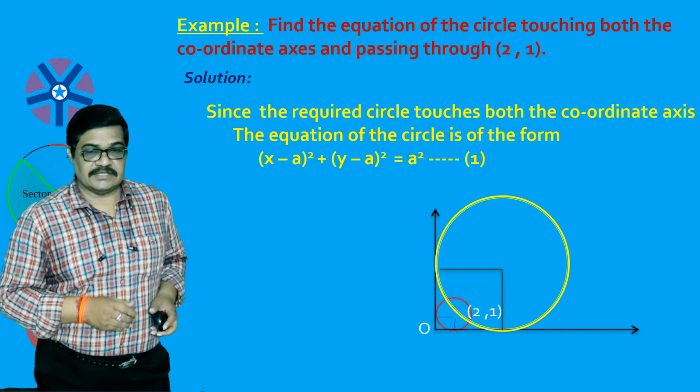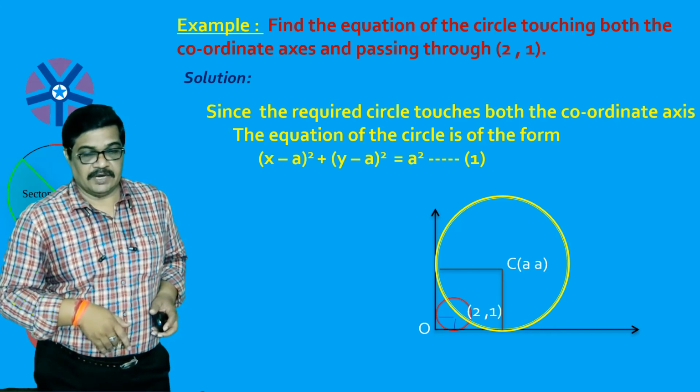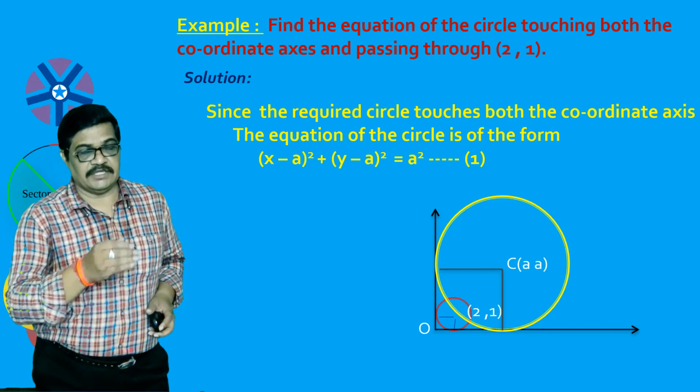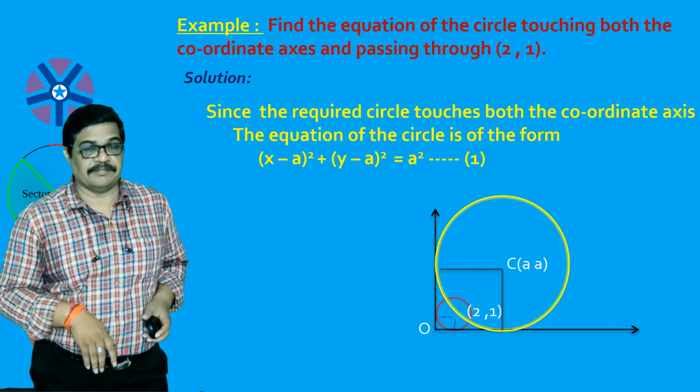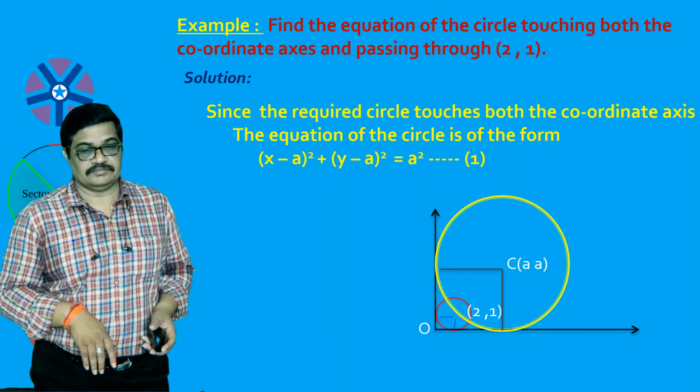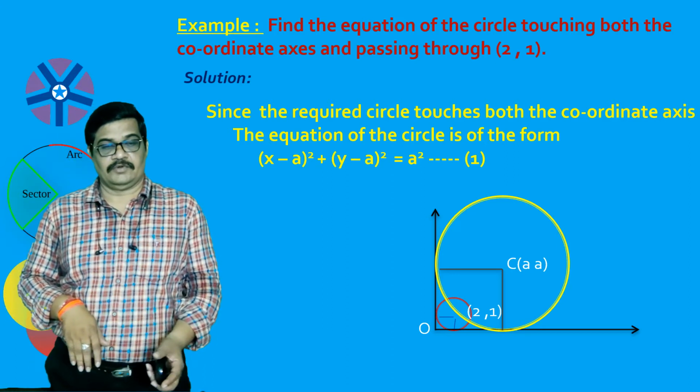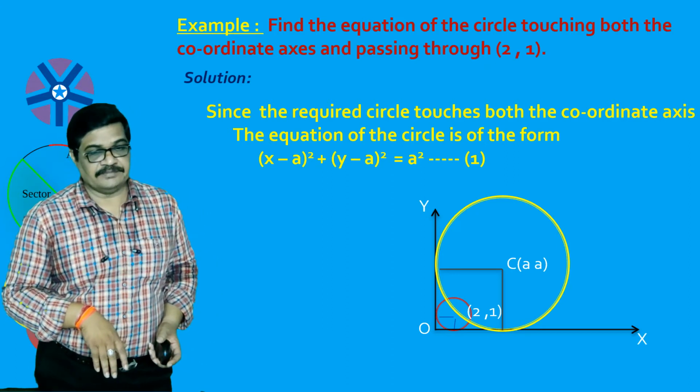We take the center as (a, a) and the radius is also a. That is the required circle. How to find the value of a? See this diagram.